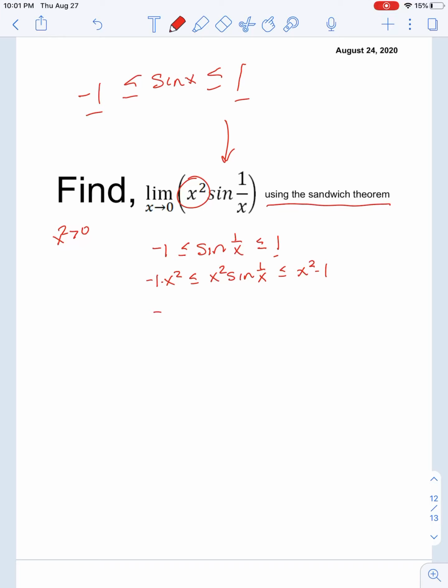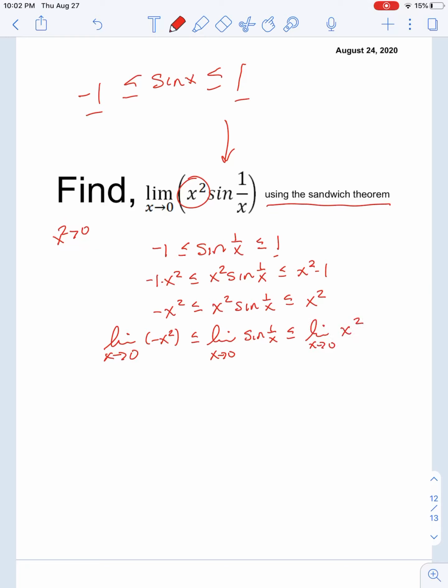And so now we have -x squared less than or equal to x squared times the sine of 1 over x, which is less than or equal to x squared. So now, if that's true, then the limit as x approaches 0 of -x squared is going to be less than or equal to the limit as x approaches 0 of x squared sine of 1 over x, which is going to be less than or equal to the limit as x approaches 0 of x squared.